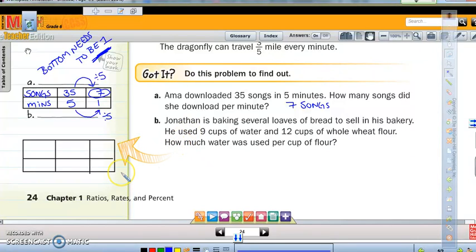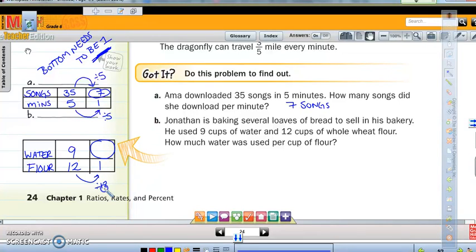Okay, Jonathan is baking several loaves of bread to sell in his bakery. He used 9 cups of water and 12 cups of flour. How much water will he use per cup of flour? So we're talking about water and flour. 9 cups of water gives me 12 cups of flour. Again, I want the bottom to be 1. So how do I go from 12 down to 1?